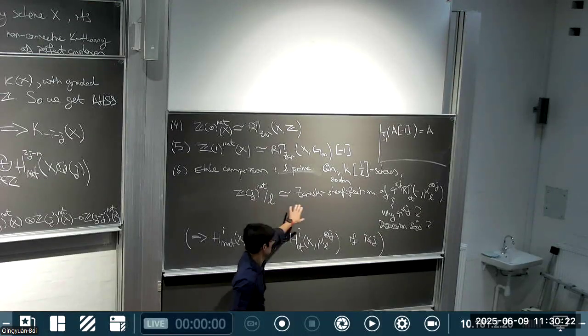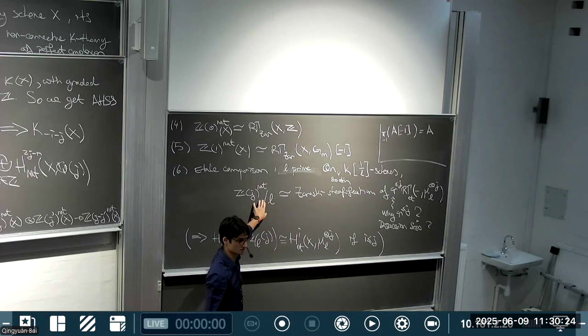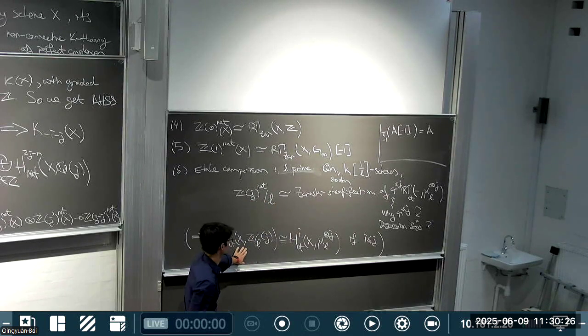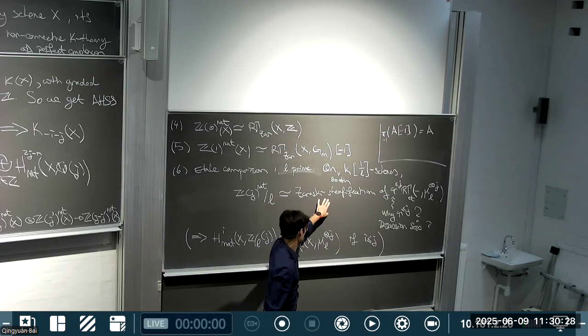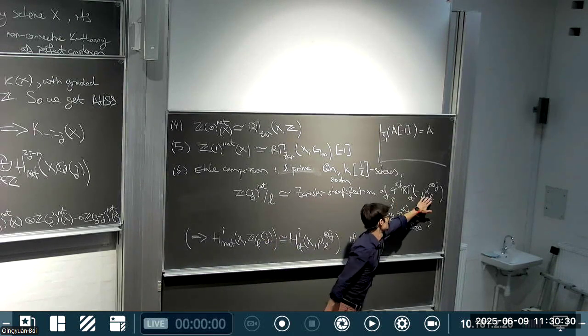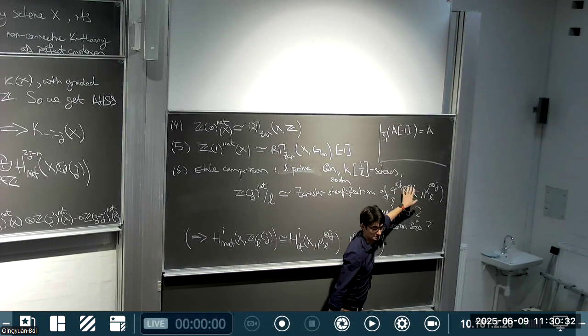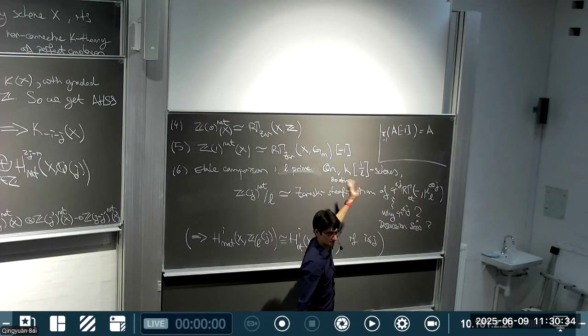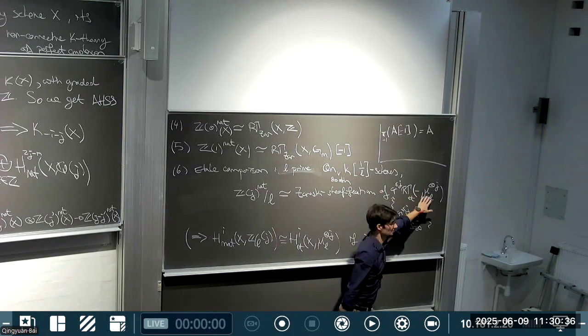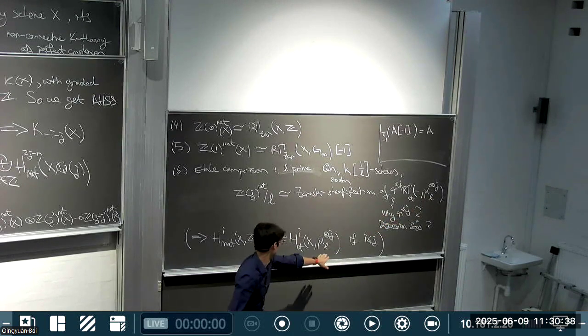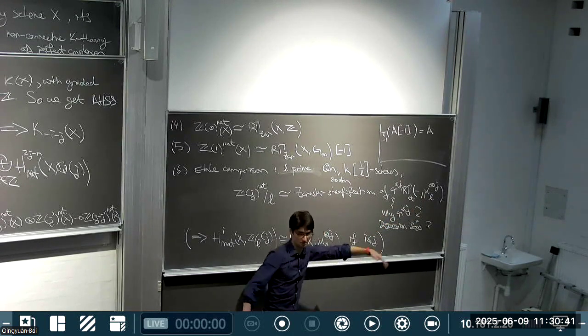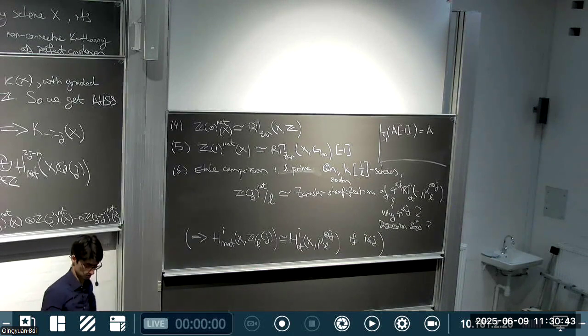Because if I take cohomology on both sides of this expression, the left side is going to give me the mod L motivic cohomology, and the right side, since this thing is already a Zariski sheaf in degrees less than or equal to J, Zariski sheafification doesn't do anything to it, and I just pick up the cohomology groups on the right-hand side, but only in that range. And beyond that, some more mysterious information appears.